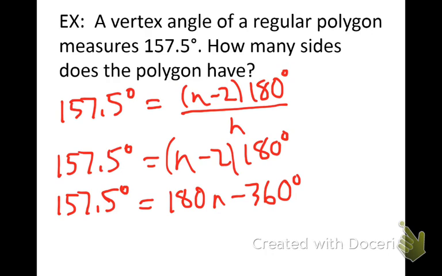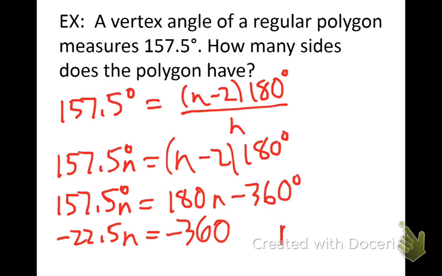I forgot to have my n here. It's 157.5 n because we multiply both sides by n. Now we subtract 180 n from each side. It's negative 22.5 n equals negative 360. Solve for n. n equals 16. The number of sides would be 16.